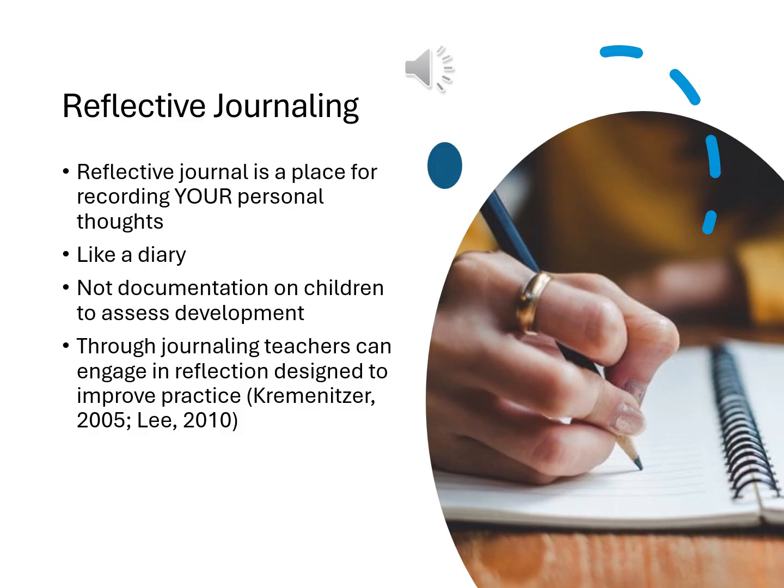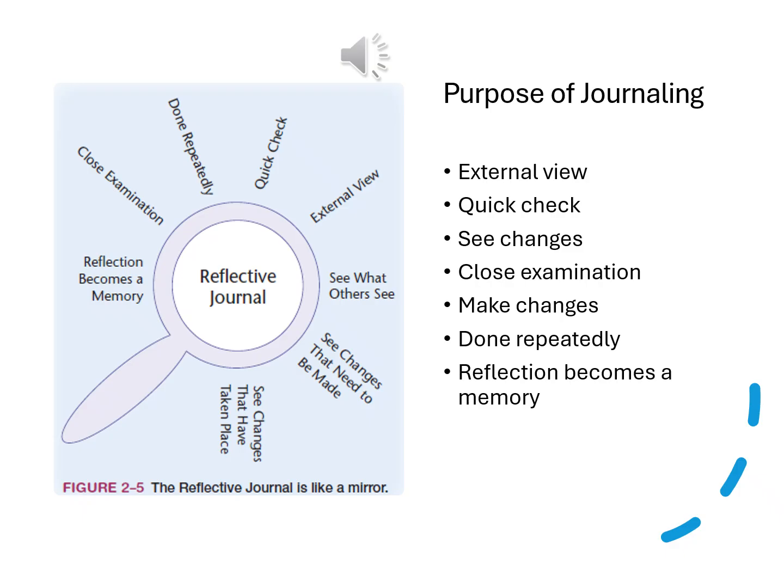It's not a space to be documenting objective information about children's development, but it is a space where you can write how you're feeling about something that you've seen, what you might like to do with that information. So it is a good supplement to observation methodology in gaining information about children, but not something that should replace those methods. So here are some reasons for journaling.